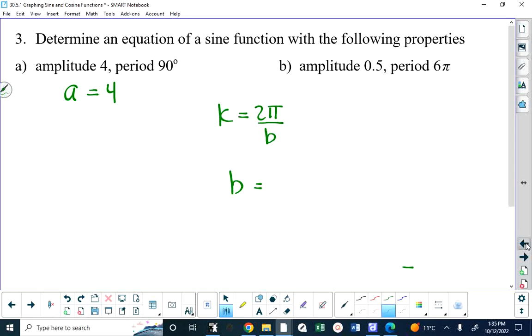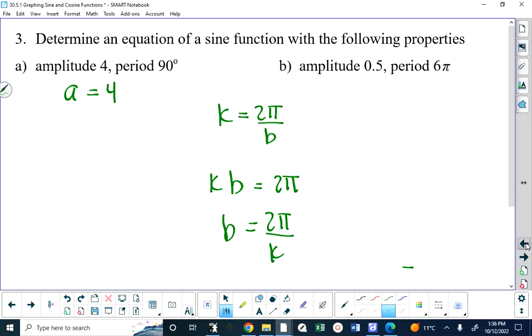I'm saying algebraically rearrange this for B. Well, if you cross multiply, you get KB equals 2 pi, which means B is 2 pi over K. The relationship between 2 pi and K to get B is the same as the relationship between 2 pi and B to get K. If you know one, you divide 2 pi by it to get the other.